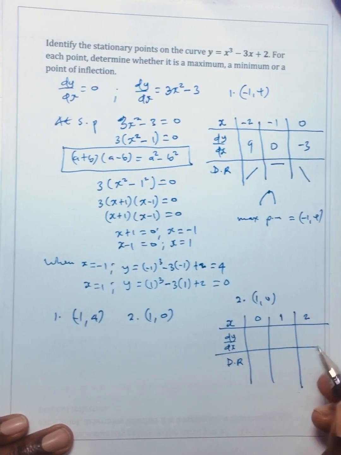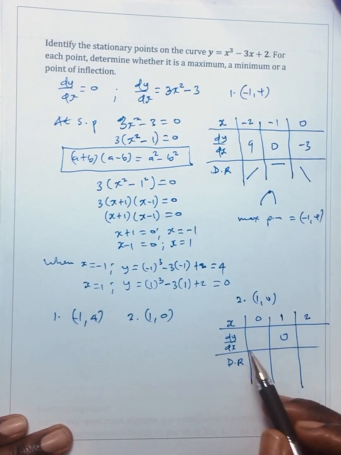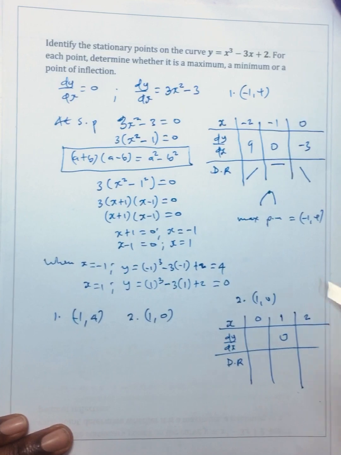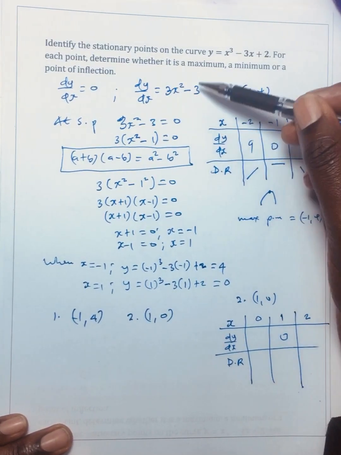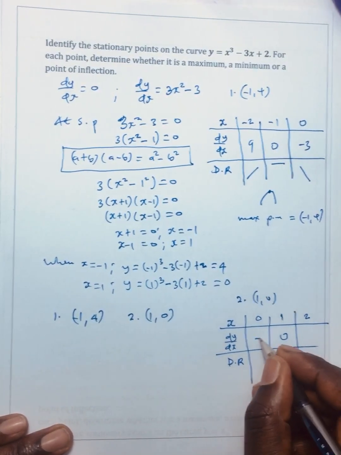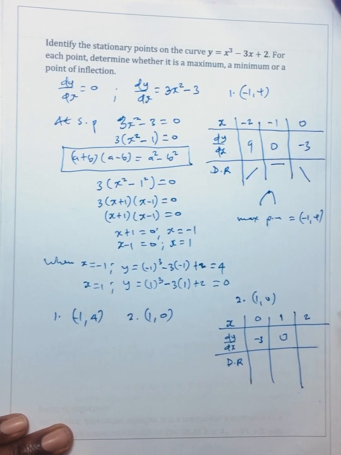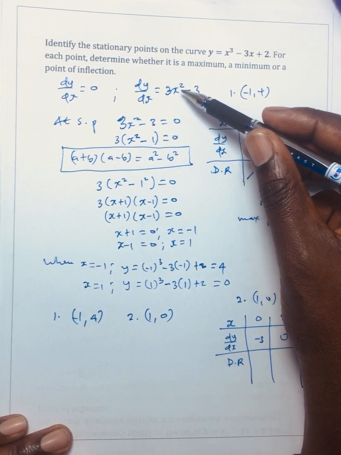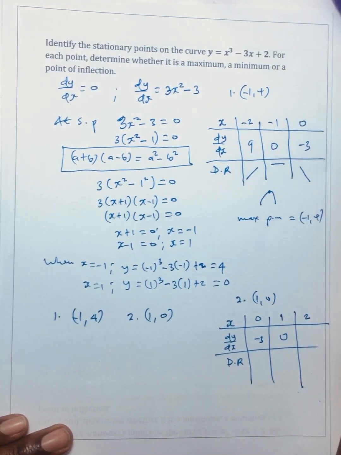We know that dy/dx for a stationary point is 0. So when x is 0, our dy/dx will be 0 minus 3. So we have minus 3. And when x is 2, we have 3 times 2 squared, that is 3 times 4, that is 12 minus 3, that is 9.